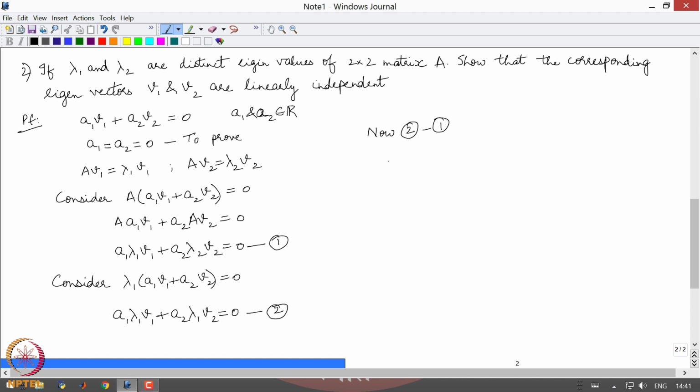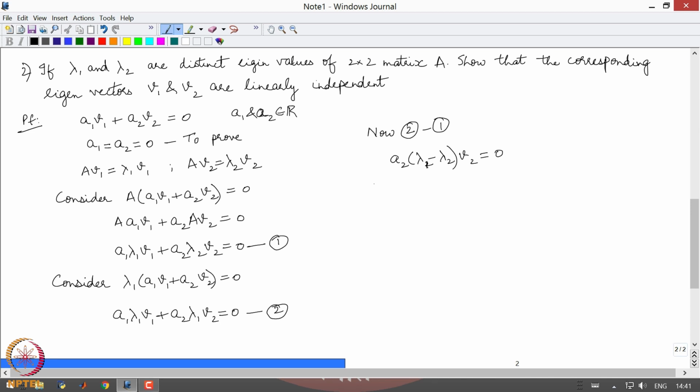The first terms will get cancelled out. So, I am writing only the second terms in both the equations, which will give me A2 into lambda 2 minus lambda 1 times V2 is equal to 0. Okay. So, this is the equation we get.